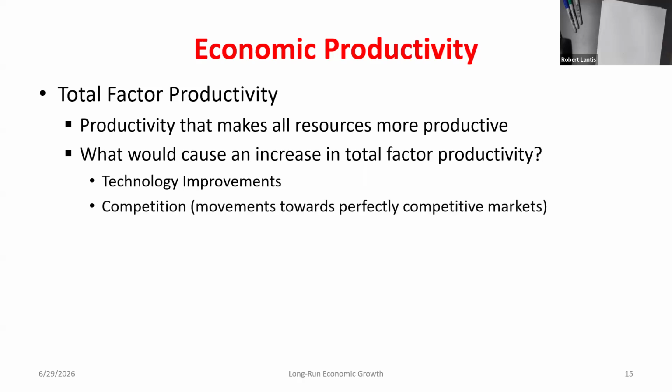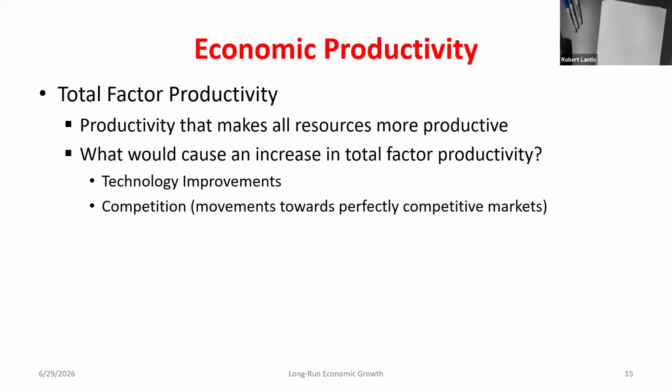Another one that's interesting, maybe easier to think about how it's not capital or labor, is let's say we have markets where we have increased competition. Maybe moving from monopoly markets to perfectly competitive markets. Those firms are going to have to try harder to be the firm that everyone wants to buy from.